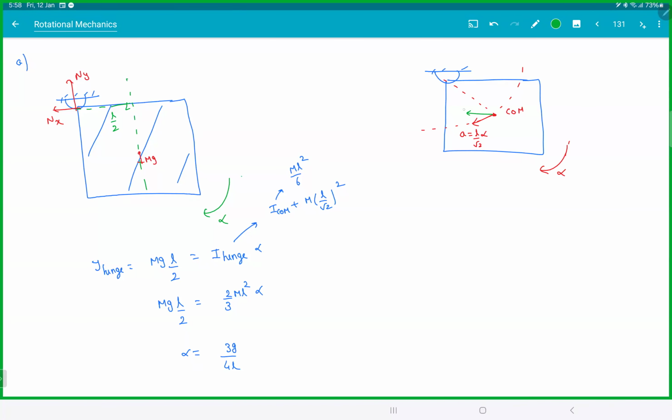And you can resolve this into components ax and ay, where this angle is 45. And then from there you write the equations for horizontal and vertical forces, and you will get the hinge reaction if you want. I didn't ask you that, but you could have done that. If they ask you the hinge reaction, you don't have an option. You have to find the horizontal and vertical components of acceleration of the center of mass and then write the equations.